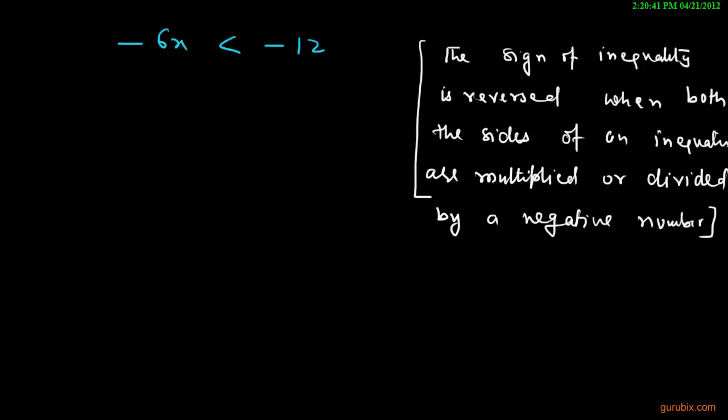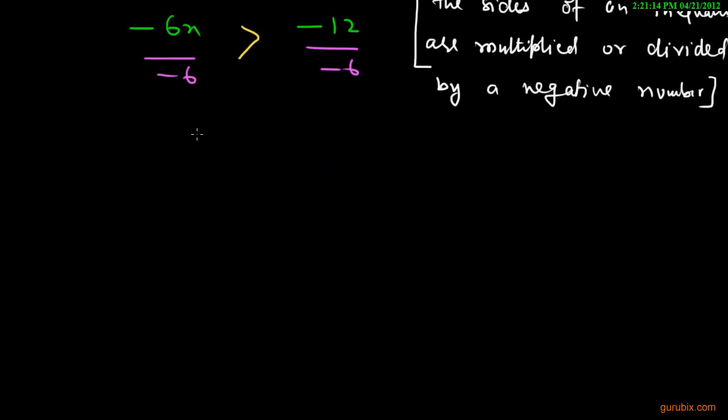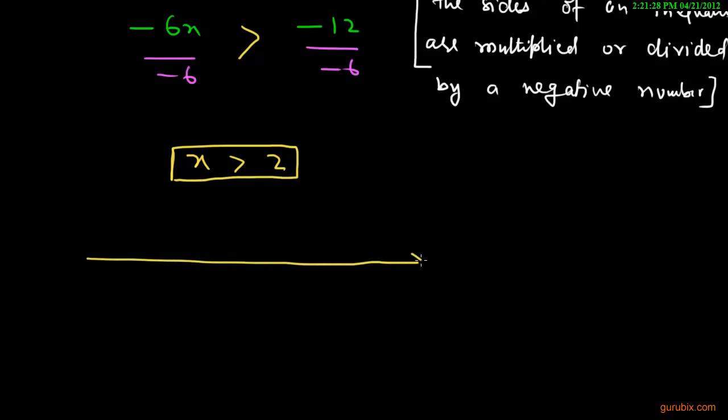So here we shall divide both the sides by negative 6, then this sign will be reversed like this. Here is less than and here is greater than, and now we shall calculate it, then it will be x greater than 2. So this is the solution of the given inequation.